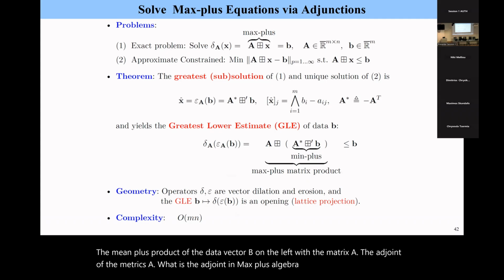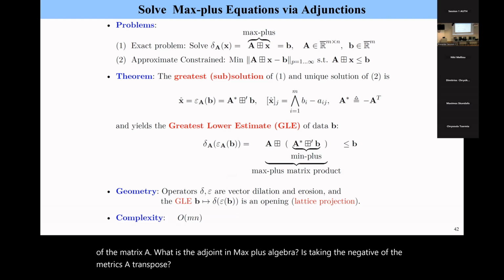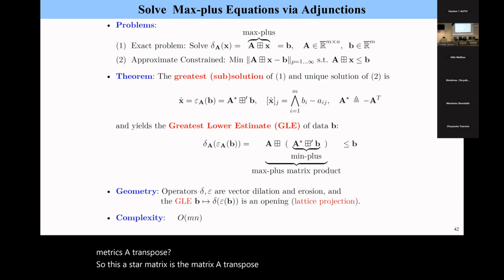It is taking the negative of the matrix A transpose. So this A star matrix is the matrix A transpose and negative.